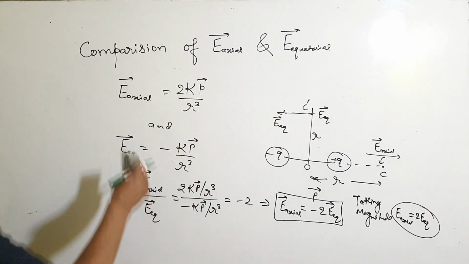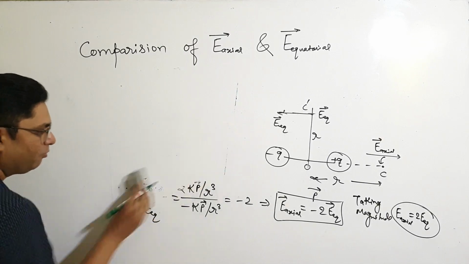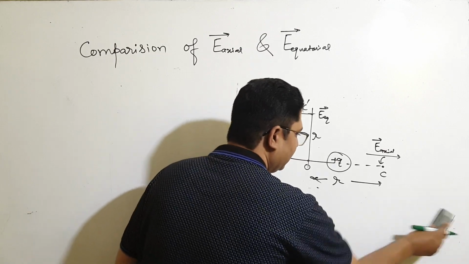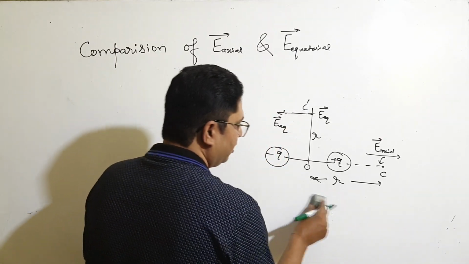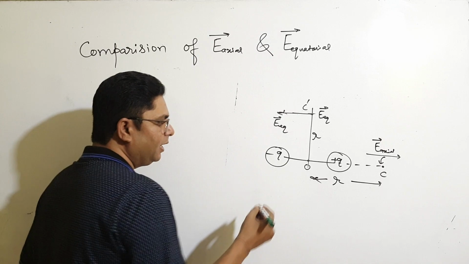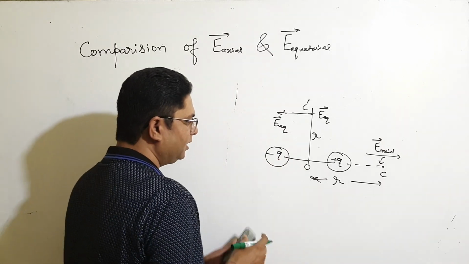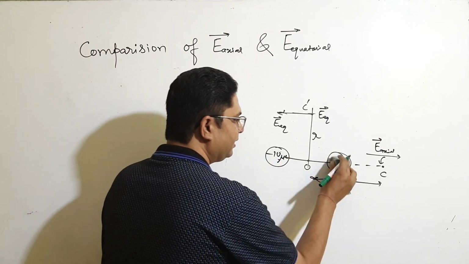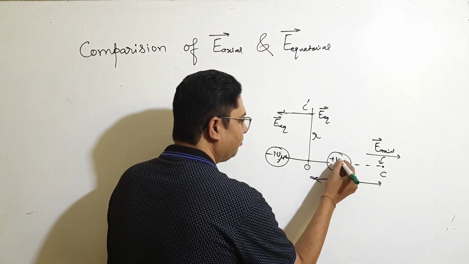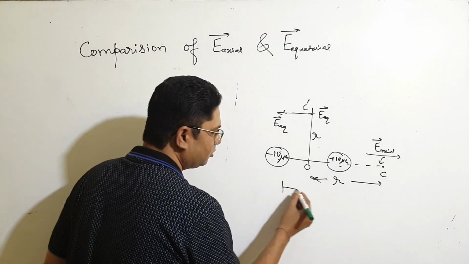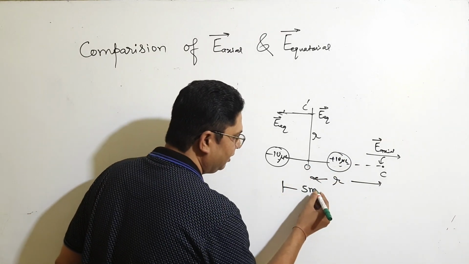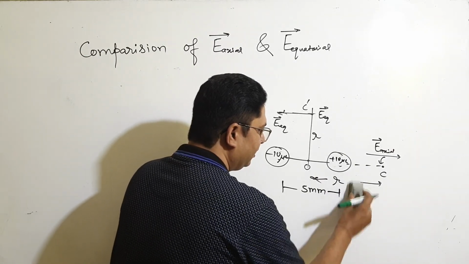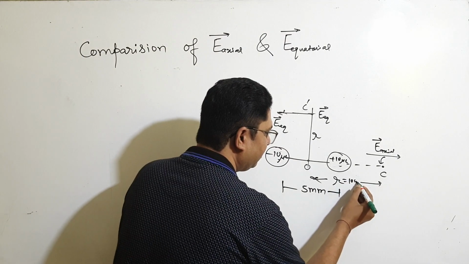Now let's understand a numerical based on this formula. A question for you is, we have a dipole. The charge here is minus 10 microcoulomb. Let this be plus 10 microcoulomb. Distance between the two charges is 5 millimeter and r is equal to 10 centimeter.